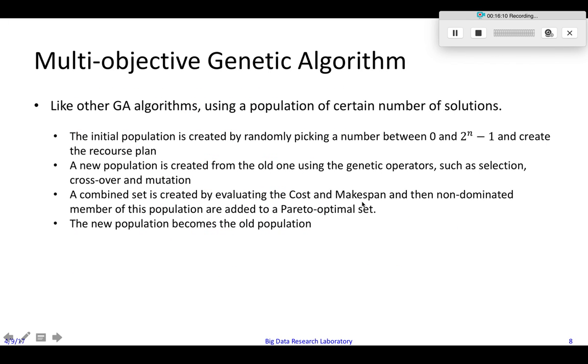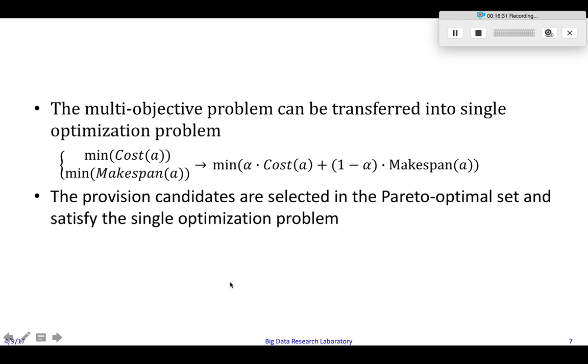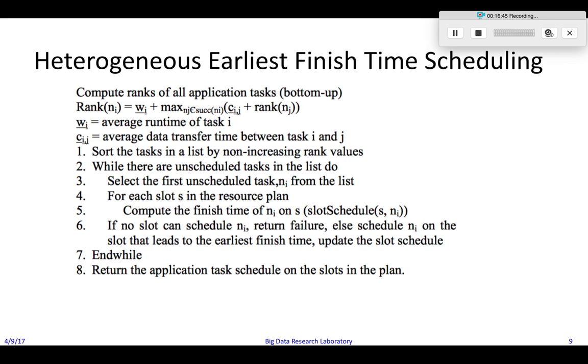As we all know, if we want to select the Pareto optimal set, we need to evaluate the cost and makespan at the same time. The cost is calculated by this formula. And how do we get the makespan of the schedule? The makespan is generated by any kind of scheduling algorithm. In this paper, they also use the HEFT scheduling algorithm.